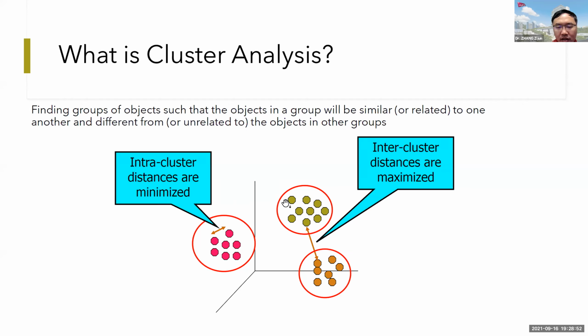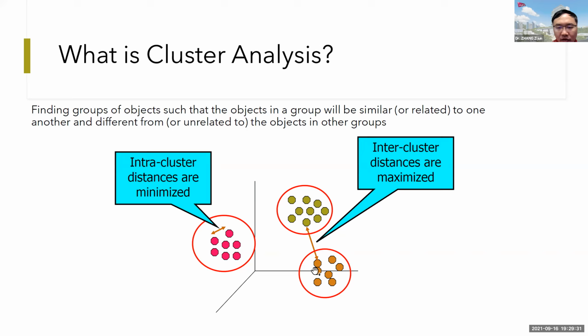We want to minimize it. And there's another type of distance called inter-cluster distance. What does inter-cluster distance mean? We randomly pick two data points, one from each cluster, then compute their distance. There are three measures for this inter-cluster distance. One is the maximal inter-cluster distance, meaning the two data points from two clusters that have the longest distance.